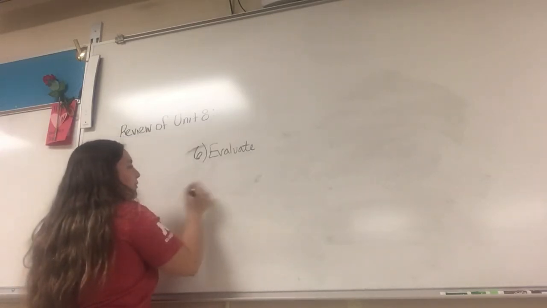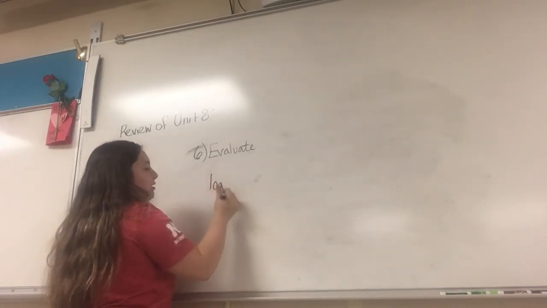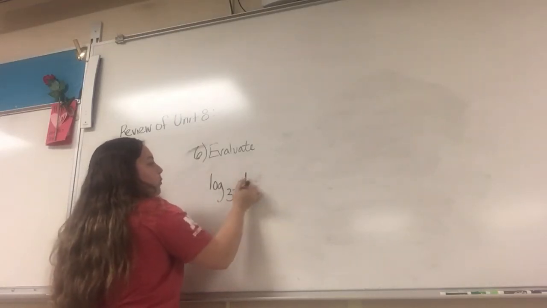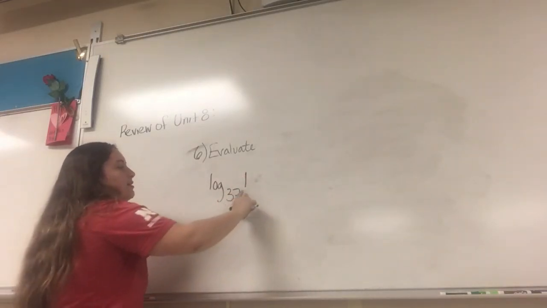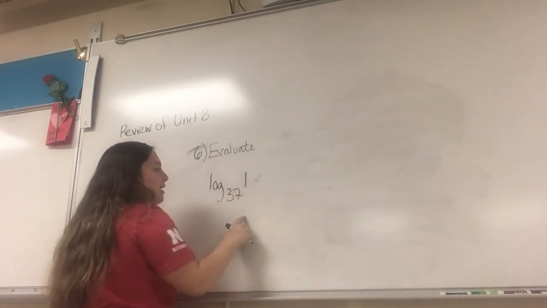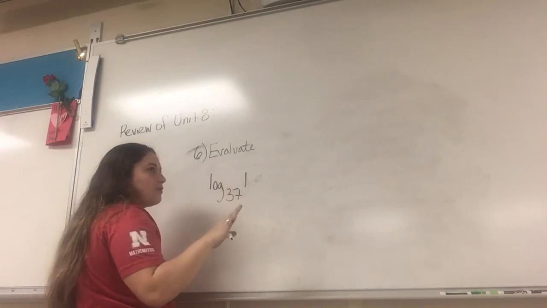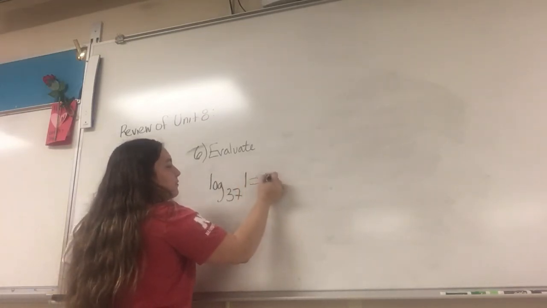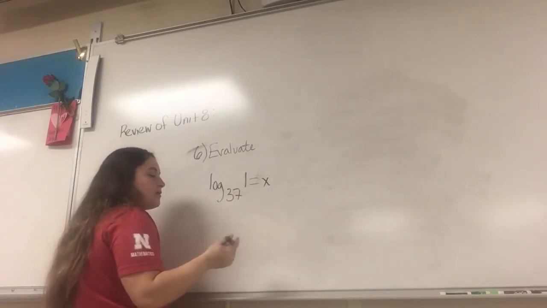As another quick reminder, if you have log base 37 of 1, there is no other way to get an answer other than realizing, I'll work this out for you, there's only one exponent that gets this to work. So we can say this is equal to x and we can solve.